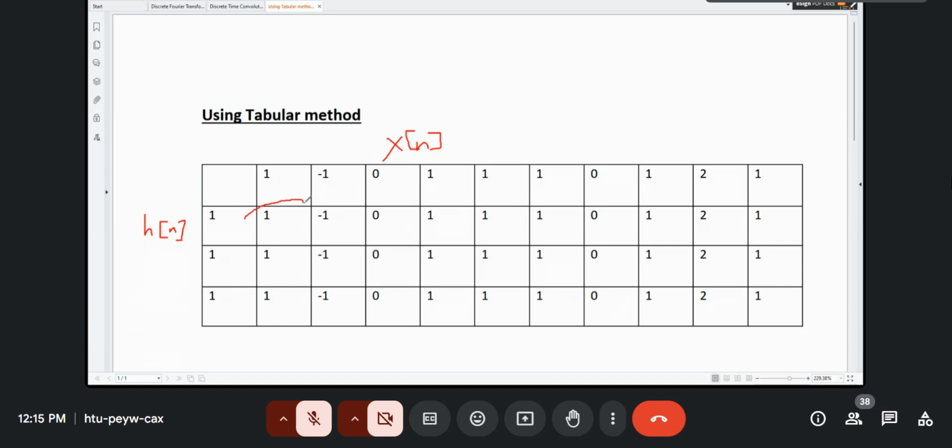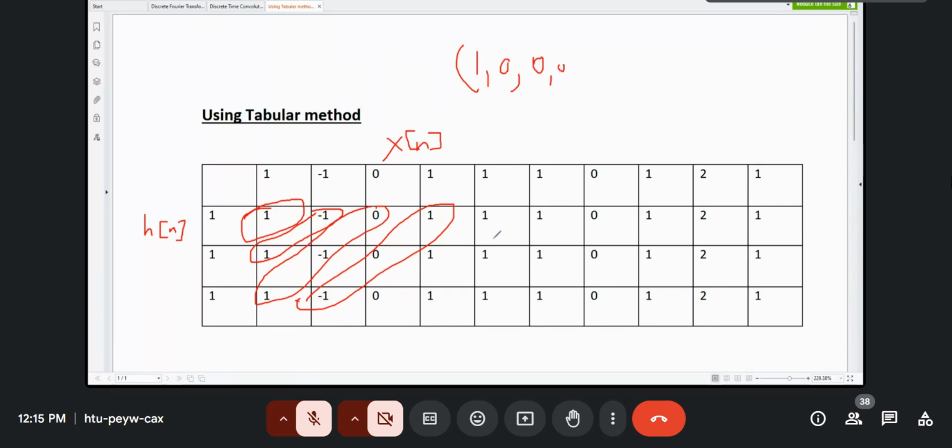The first sample you're going to get is 1. The second sample is 1 minus 1, which is 0. The next sample is 1 minus 1 plus 0, that becomes 0. That sample is 1 plus 0 minus 1, another 0.